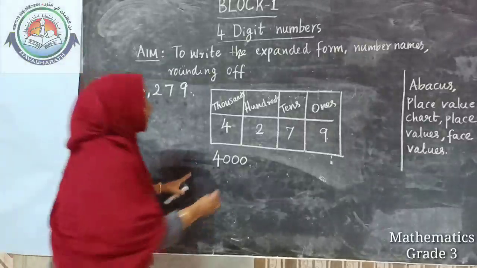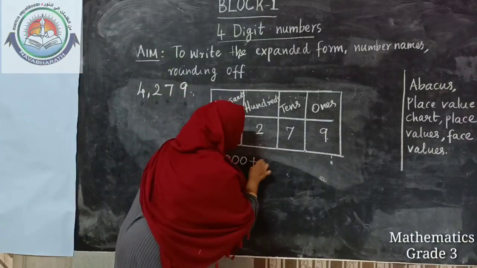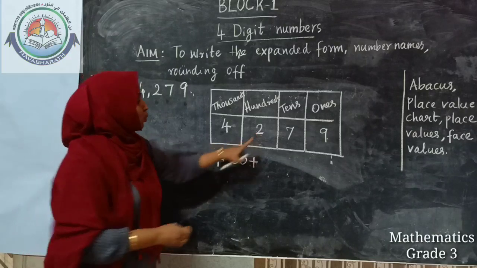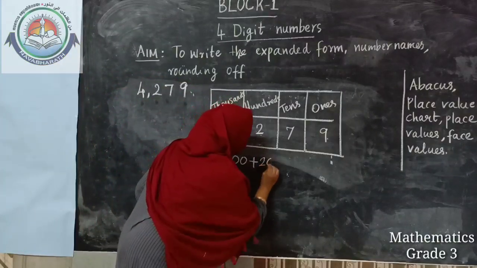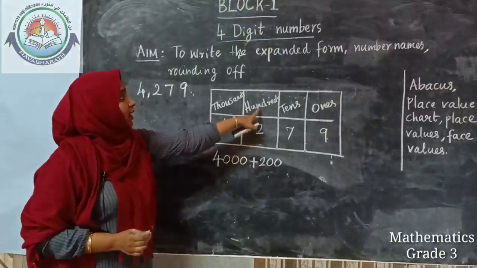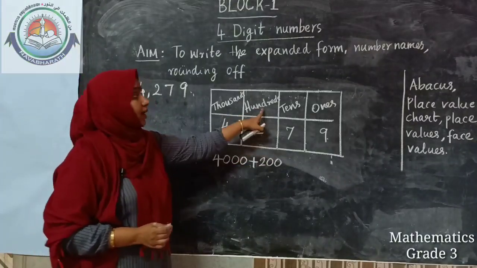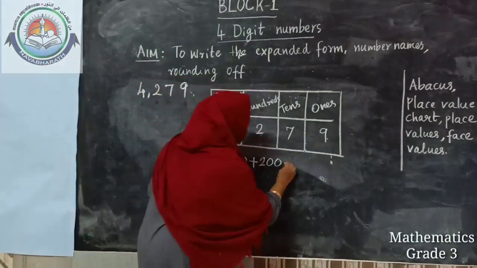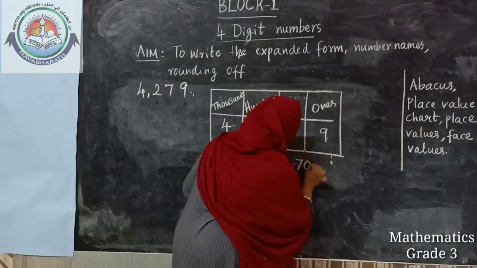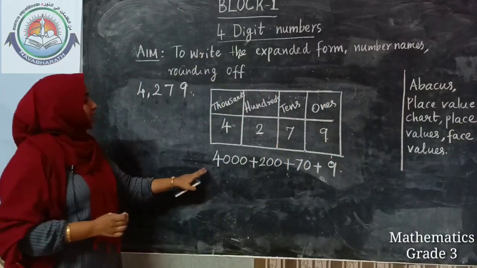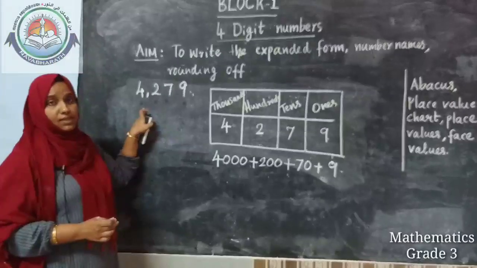Next, put a plus, and the value of 2 is 200. How did we get it? Put 2 and 2 zeros. 100 ends in 2 zeros. Plus 70 plus 9. This is the expanded form of this number.